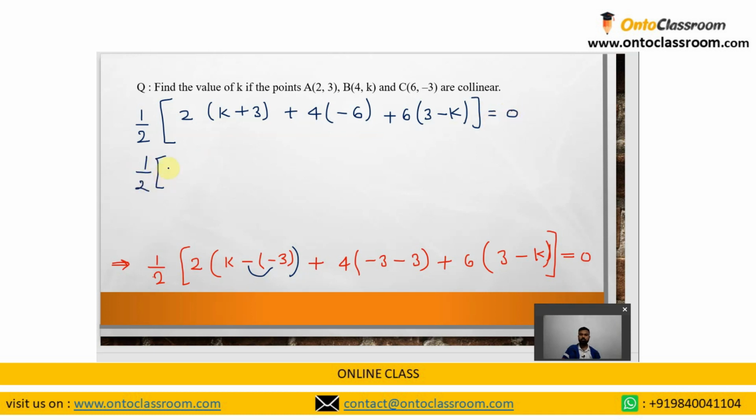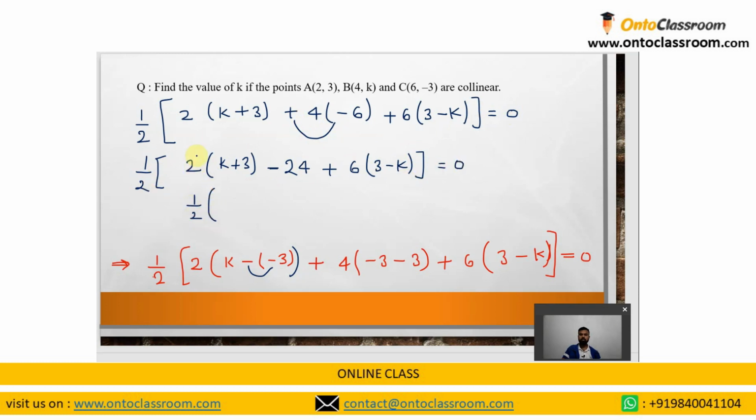Negative and negative make positive, so k plus 3. When we multiply, positive and negative make negative, 4 times 6 is 24, plus 6 times (3 minus k), and the value of area equals 0.